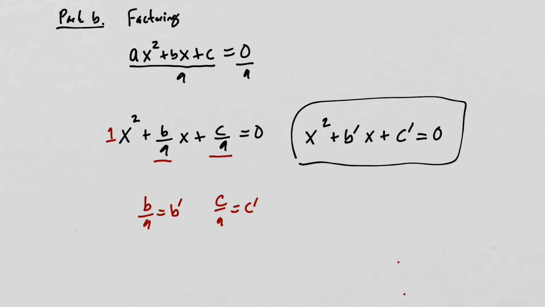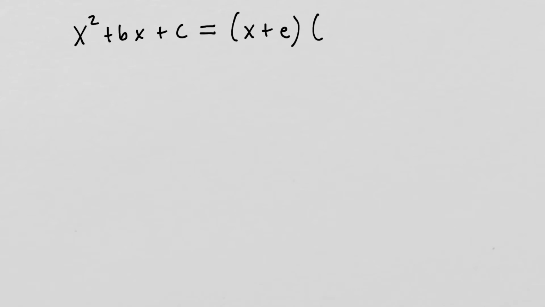Let's go ahead and start a new page using this assumption. Given our polynomial x squared plus bx plus c, what we want to do is rewrite this as a multiplication of two linear terms, x plus, we'll call it e, times x plus f.